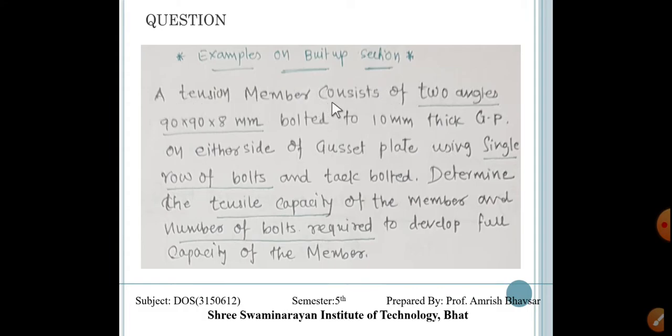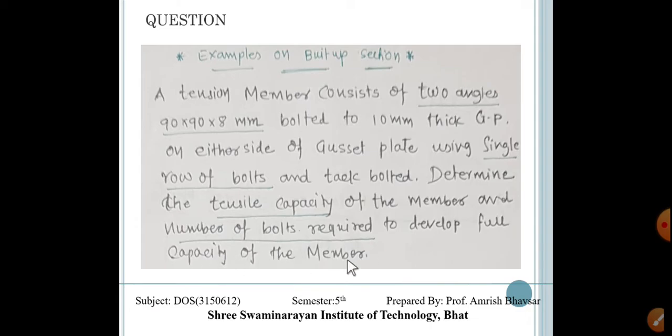A tension member consists of two angles 90 by 90 by 8 mm bolted to a 10 mm thick gusset plate on either side of the gusset plate using a single row of bolts and tack bolted. Determine the tensile capacity of the member and the number of bolts required to develop the full capacity of the member.